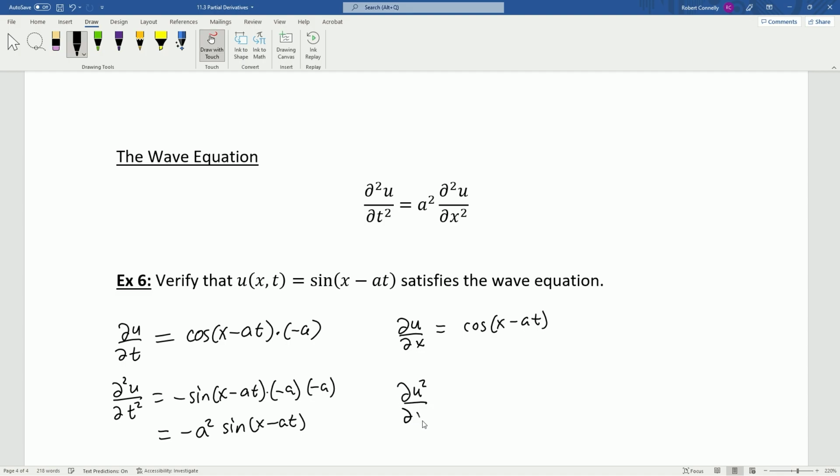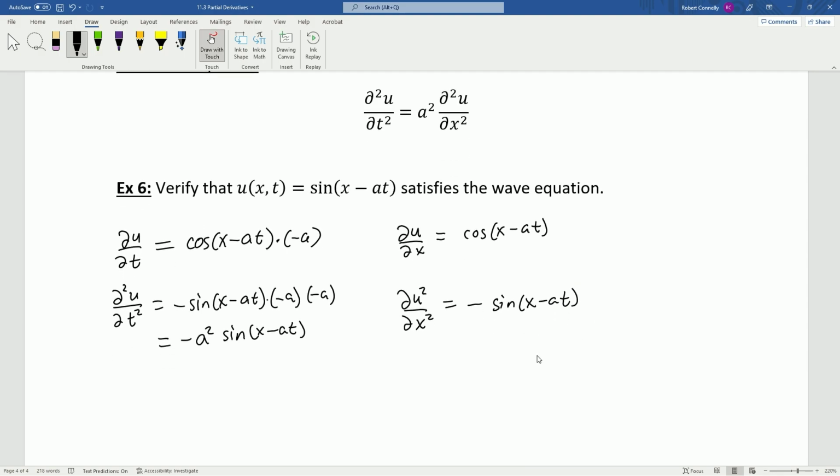Now we take our second derivative, and we get negative sine of x minus at. And that implies exactly what we wanted, that the second derivative of u with respect to t squared is equal to a squared times the second derivative of u with respect to x squared. Done.